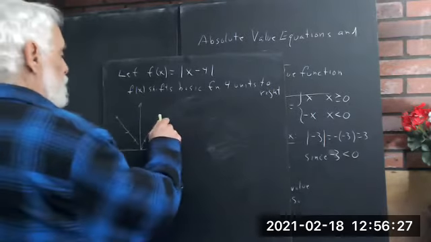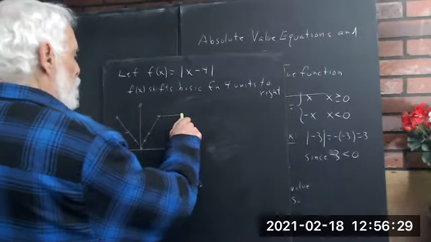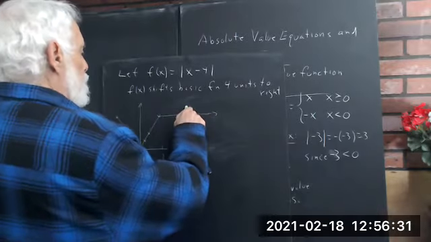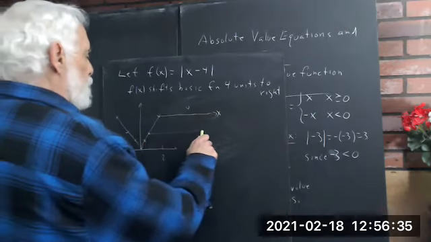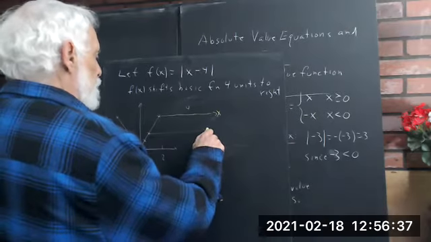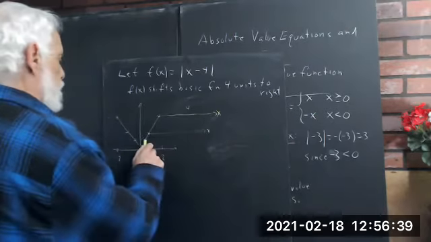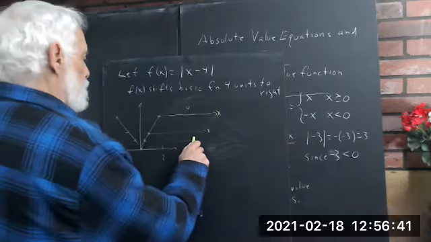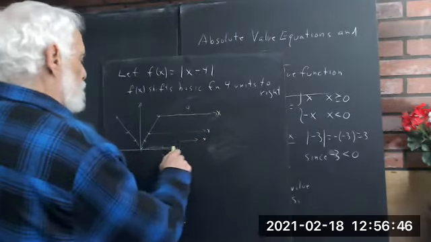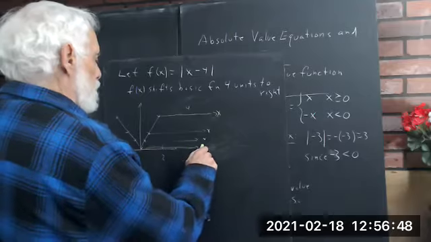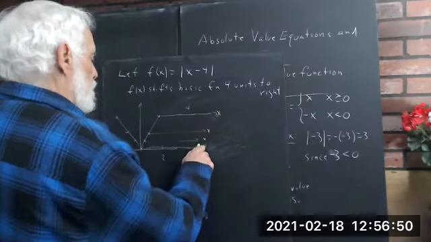So this point would shift 4 units to the right to here. This point would shift 4 units to the right and end up, say, here. This point would shift 4 units to the right and end up here. And the vertex would shift 4 units to the right and end up here.